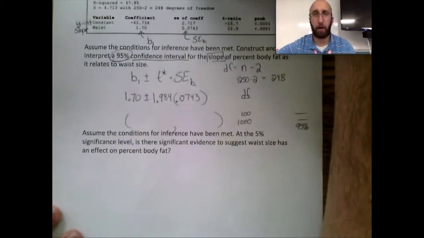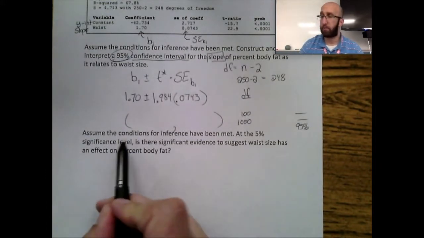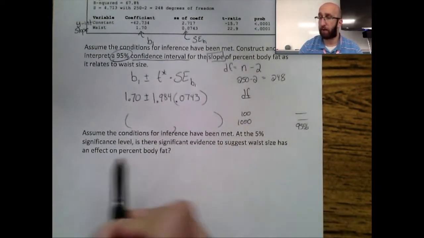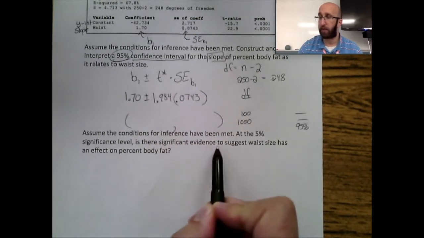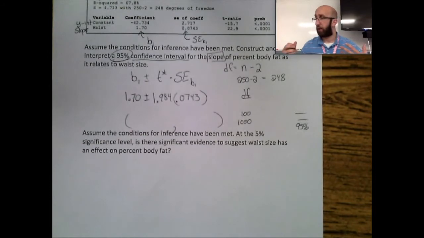Let's talk about what a hypothesis test would look like here. So it says, assume the conditions for inference have been met. At the 5% significance level, is there significant evidence to suggest waist size has an effect on percent body fat? So the idea here is slightly different. Confidence intervals are all about just trying to pin down that population slope.